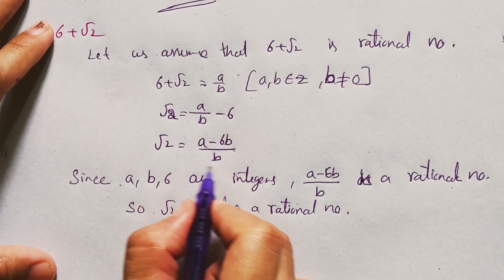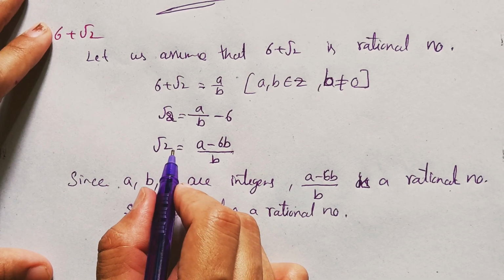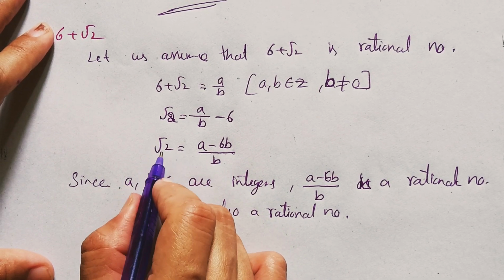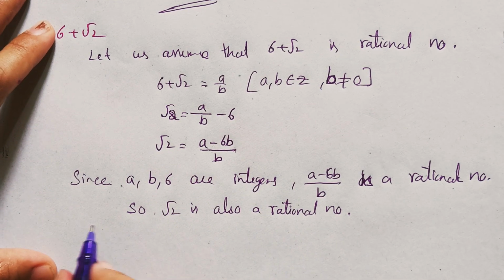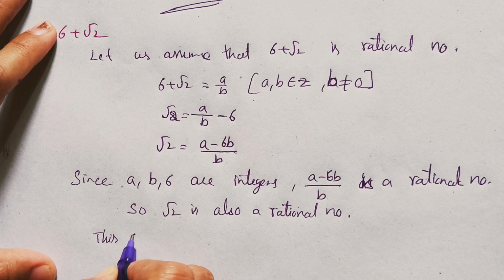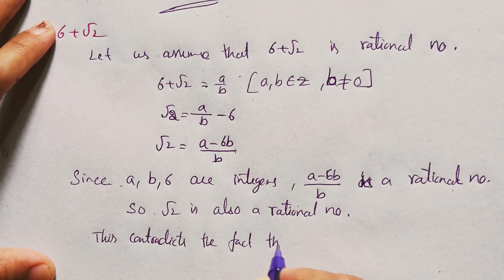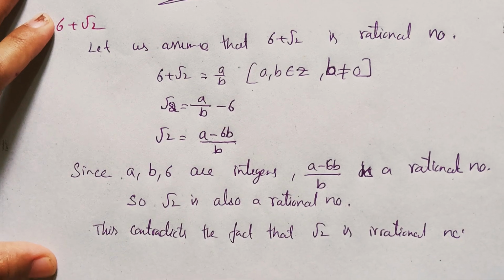If this is a rational number, then this is also a rational number, because equal is there: this equals that, equals this. But we know that root 2 is an irrational number. So this contradicts the fact that root 2 is an irrational number.